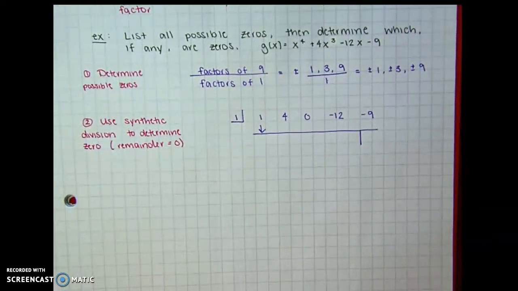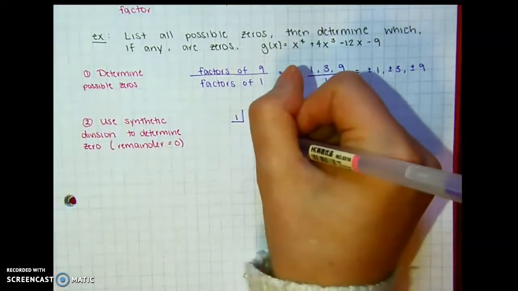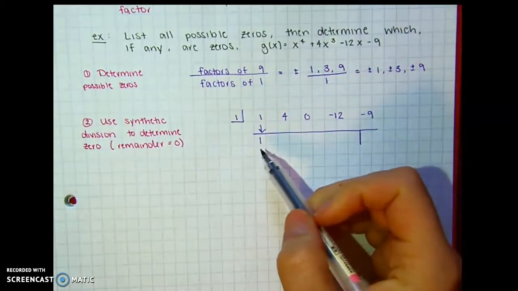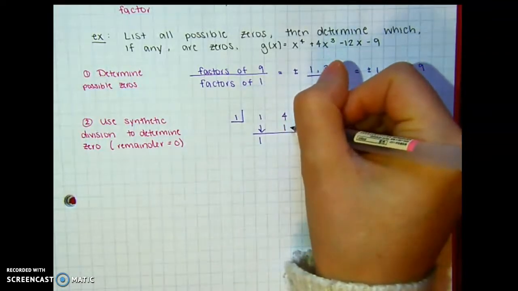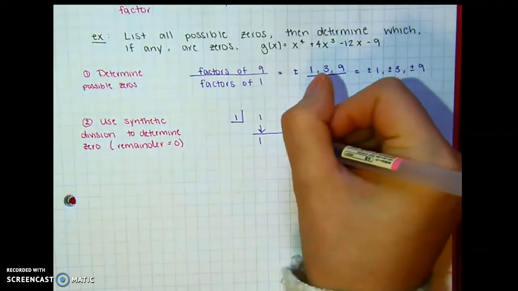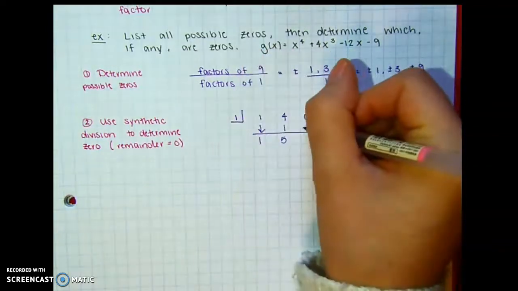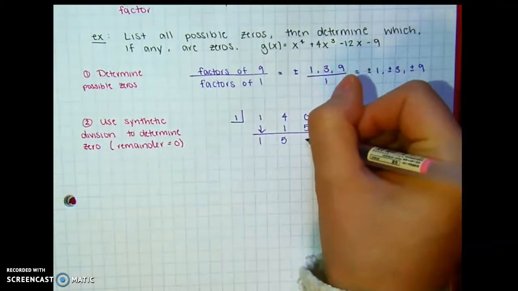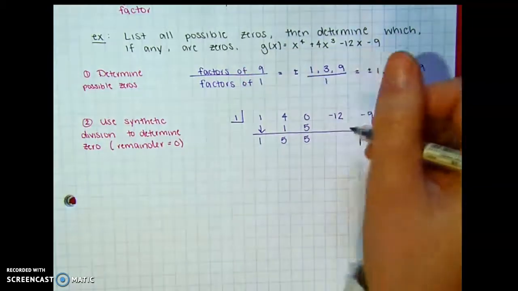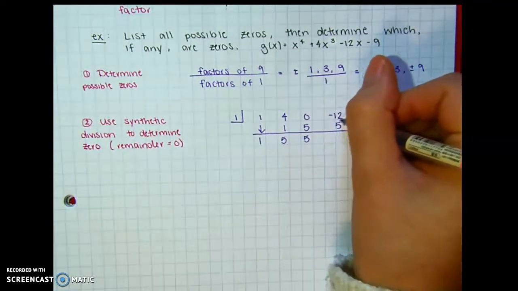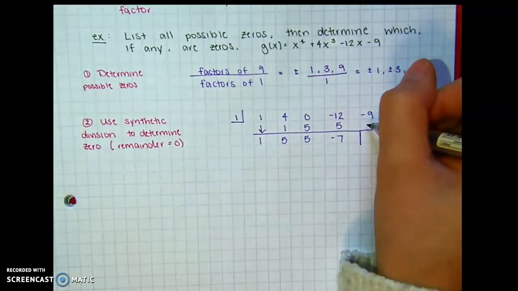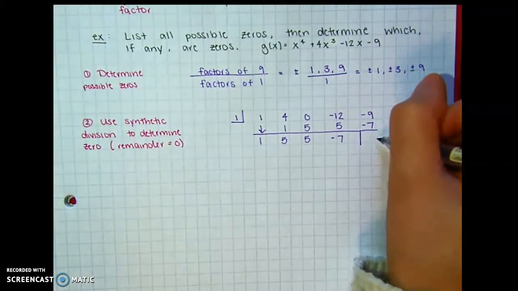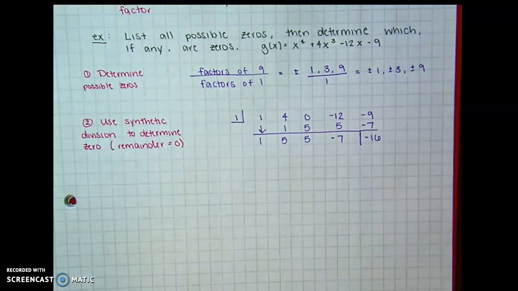So bring down that 1, and then we multiply. 1 times 1 is 1, and then we add. 4 plus 1 is 5. 5 times 1 is 5. 0 plus 5 is 5. 5 times 1 is 5. Negative 12 plus 5 is negative 7. Negative 7 times 1 is negative 7. And then we add and we get a remainder of 16.